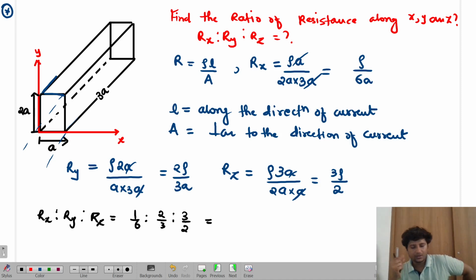Basically how we used to do, we used to try to take a common value. What can be the common value?